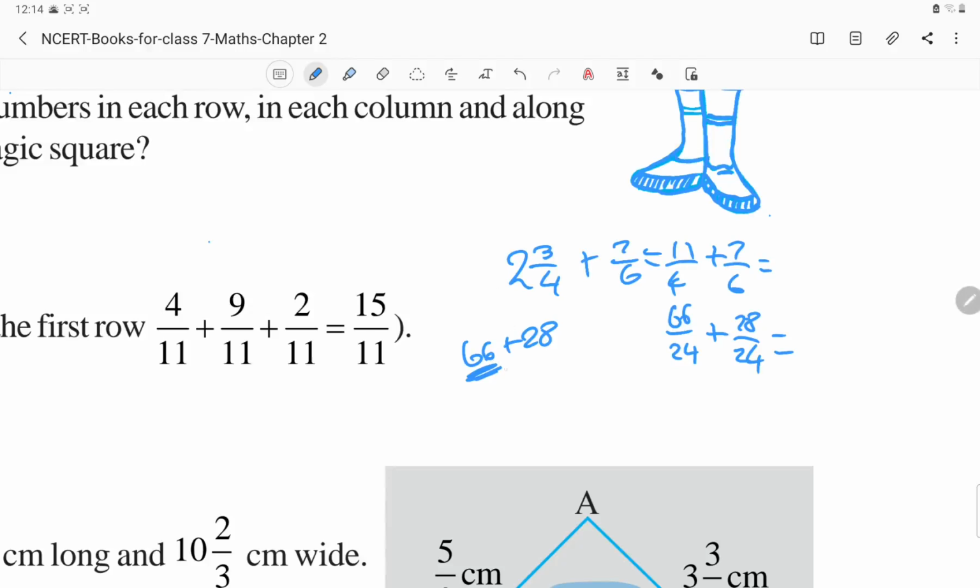Always go to whole number first in mental maths. 70. So that is taking off 4. So that's 24. 70 plus 24. There, that's nice and easy now. 70 plus 20, 90. Plus 4, 94. So 94 by 24.